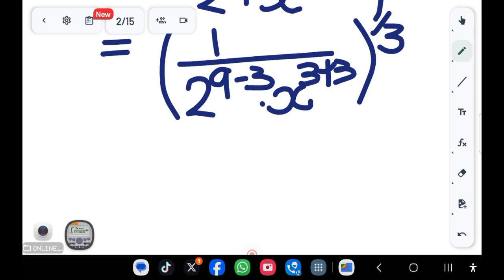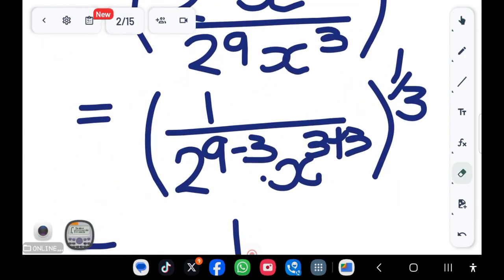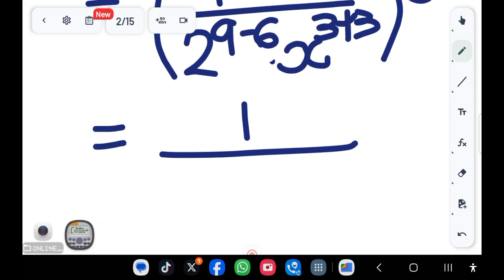Sorry, that's 9 minus 6, not 9 minus 3. I made a mistake, 9 minus 6, excuse me. So that leaves us with 2 to the power of 3 at the bottom, and that is x to the power of 6.